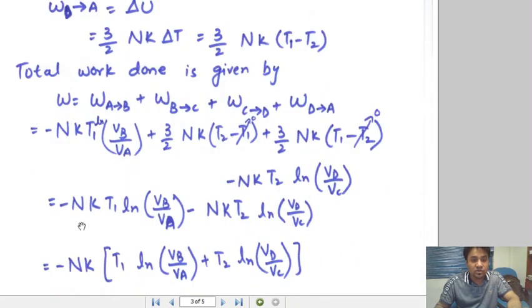You are left with minus nk_B T1 log of VB over VA minus nk_B T2 log of VD over VC, and from here you can take nk_B common, and you will have T1 log of VB over VA plus T2 log of VD over VC within this bracket.